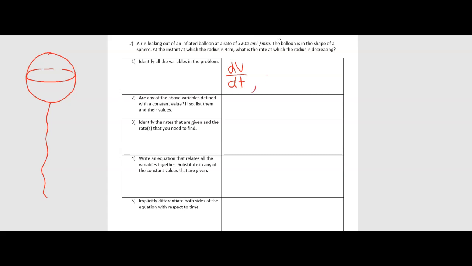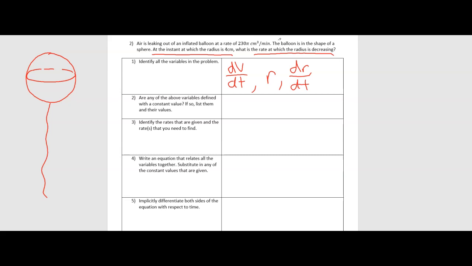It also mentions a radius, right? It says at the instant at which the radius is 4 centimeters, that is when we need to figure out how the radius is decreasing, or the rate at which the radius is decreasing. Well, there's another one. The rate at which the radius is changing is going to be dr/dt. So those are the three things that the problem references.